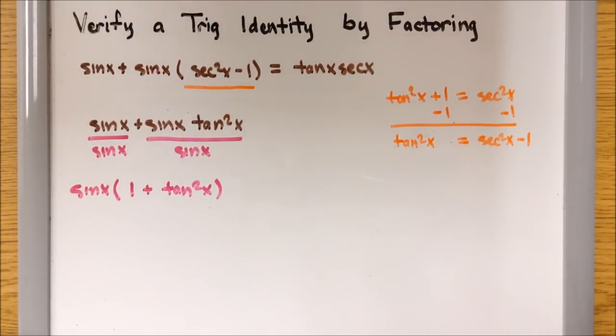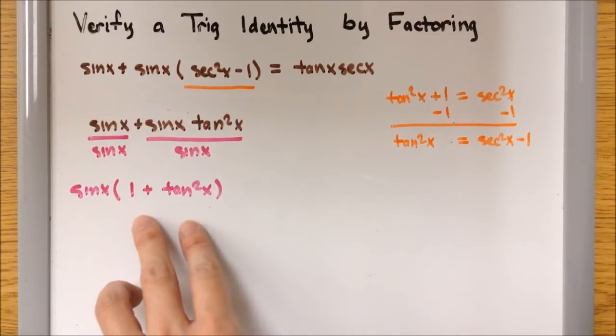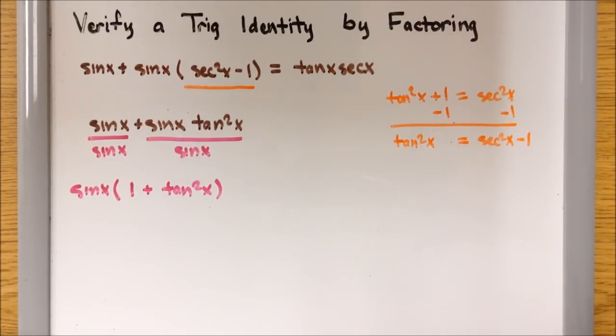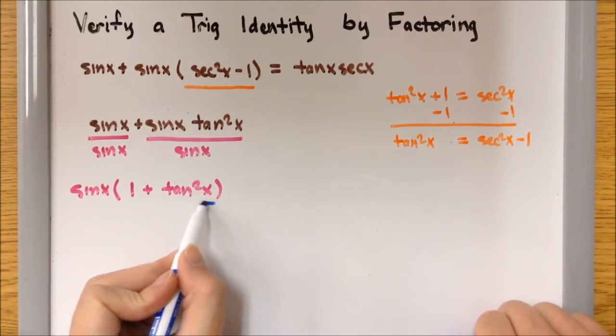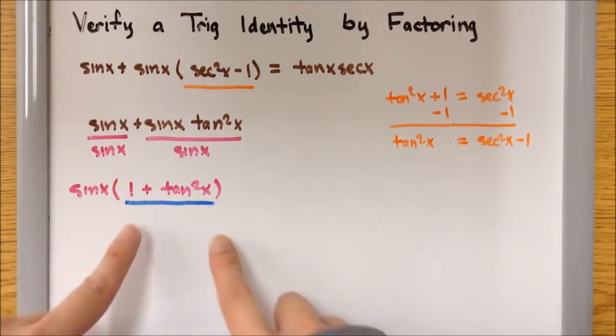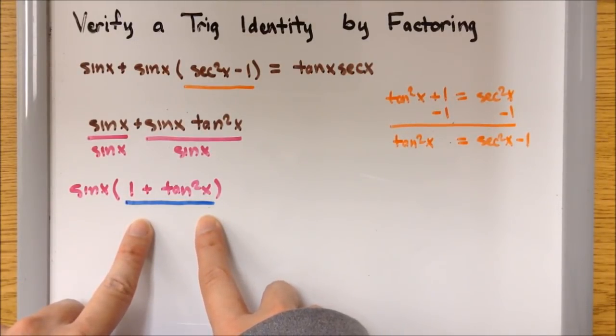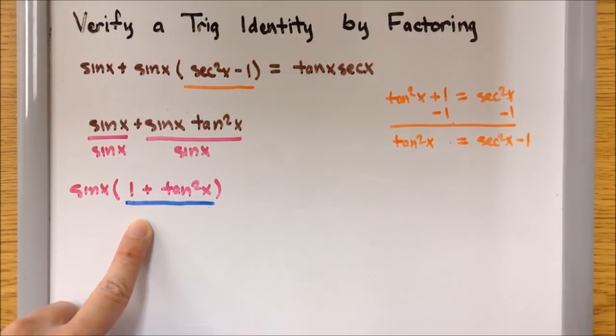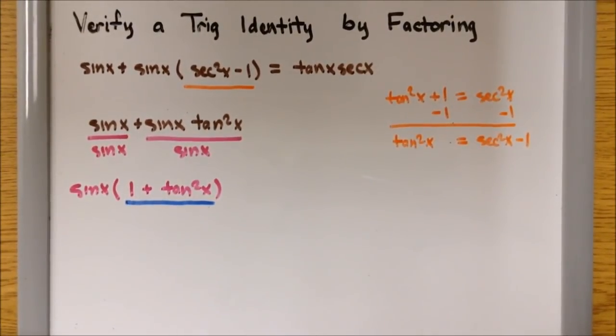Alright? Then I'm taking a closer look. I notice we have 1 plus tangent square of x. So this is just identical to the Pythagorean identity we just used right here. So at the moment it looks complicated, 1 plus tangent square of x. So what I'm going to do is switch it out with a simpler term.